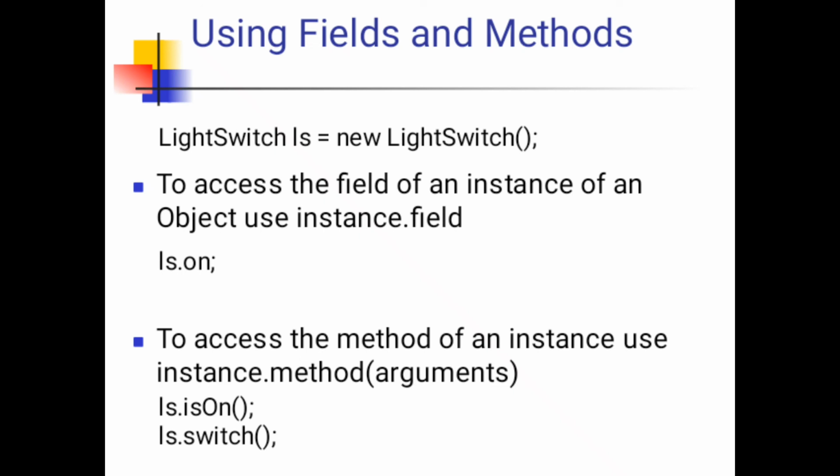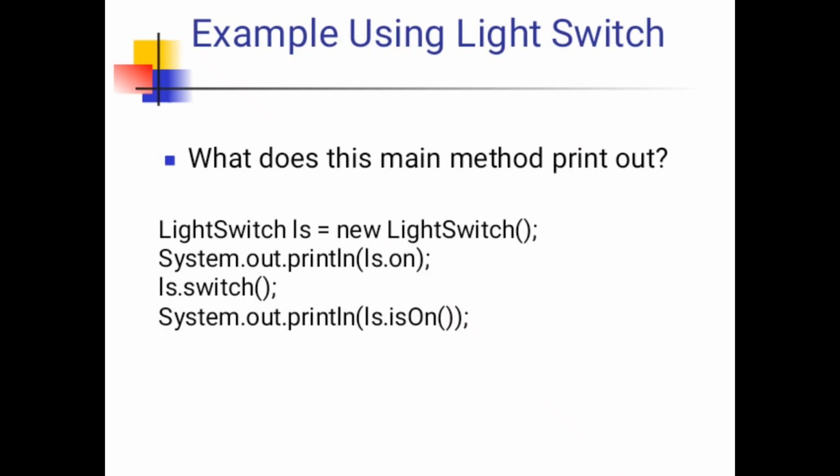And to access the method of an instance, use instance.method. So this is the format. In order to access the field of an instance of the object, you use instance.field, and in order to access the method of an instance, you use instance.method. Let's move to the next slide.